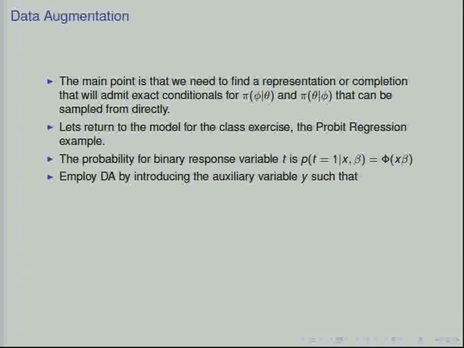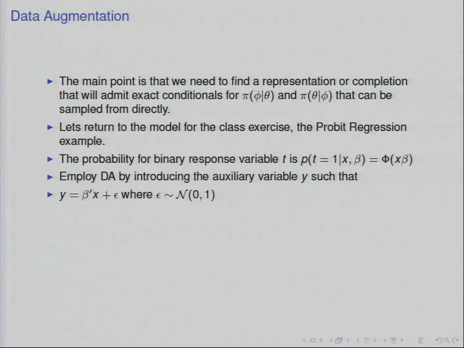We introduce the auxiliary variable, we'll call it y, and we'll say that y augments the model such that beta transpose x plus some random element, some error term, is going to equal this auxiliary variable. And the error term is just going to be a standardized normal variate. Okay?